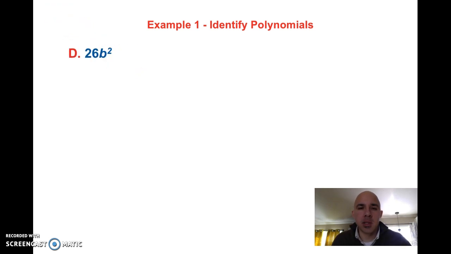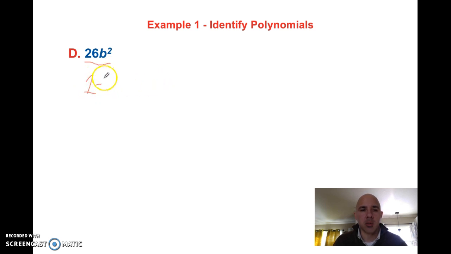All right, this is our last example for number 1. This example says 26b squared. What type of polynomial is this? Since we only have 1 term, we're going to consider this a monomial.